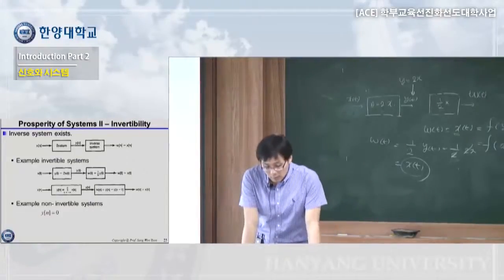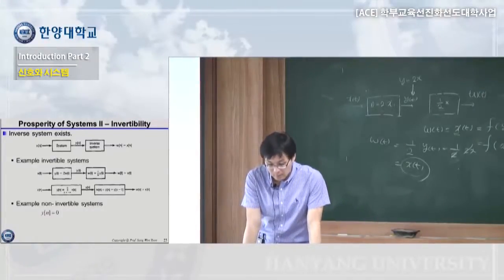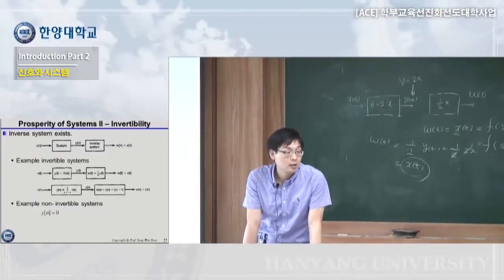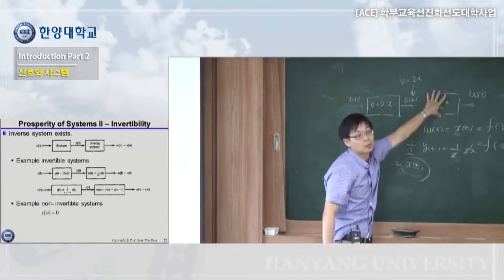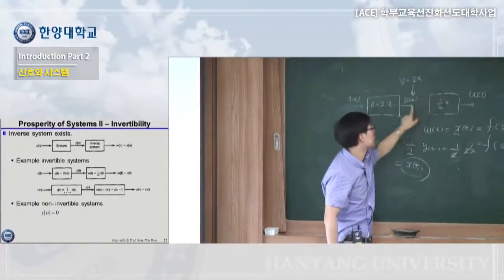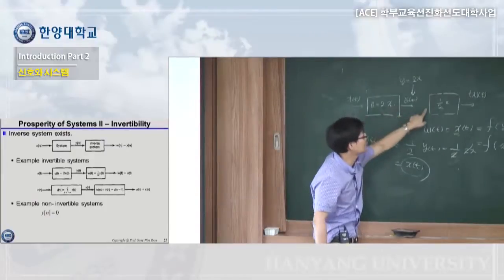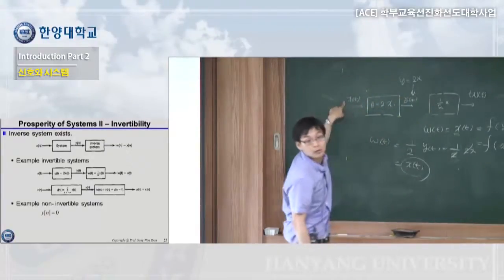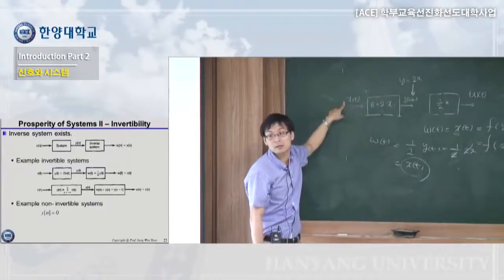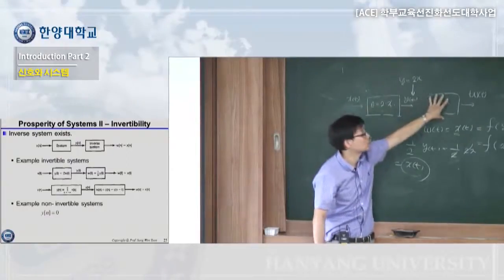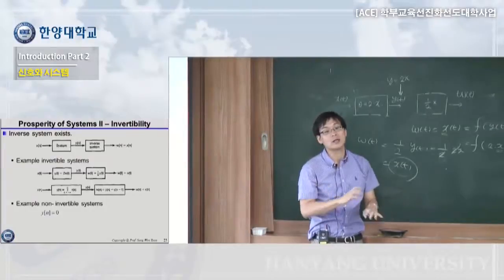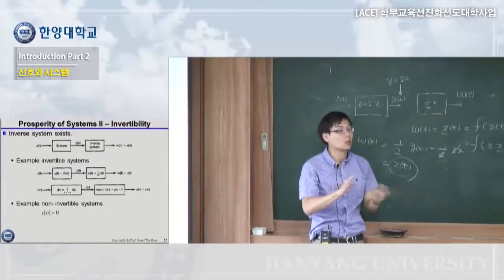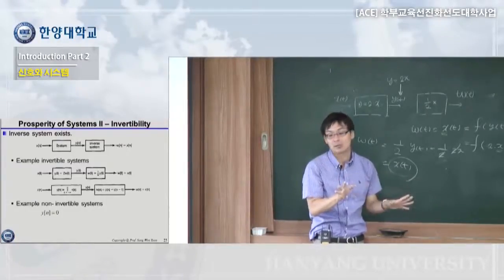So when you're asked to judge whether this is an invertible system or not, you will define the second system which can transfer the output of the first system to the input of the first system. If you find a second system like that, that's invertible. If you can prove that there's no system like that, that's not an invertible system.